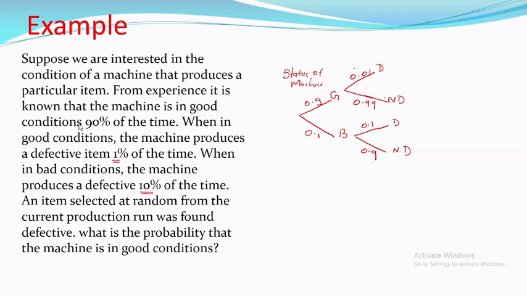These probabilities actually mean conditional probability, that is, the probability of producing defective items given that the machine is in good condition. Similarly for each one you can get the idea of conditional probability. Then at the end of the branches, we can calculate the joint probability.